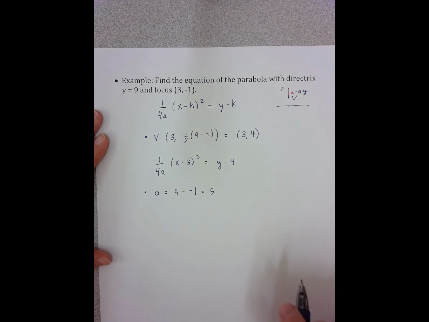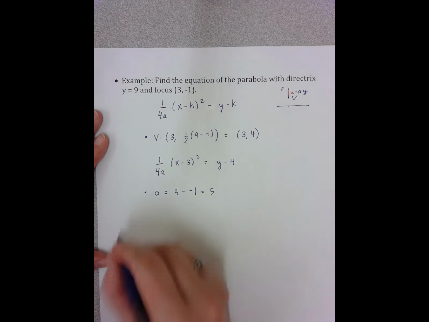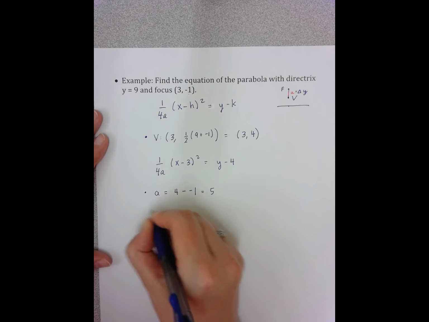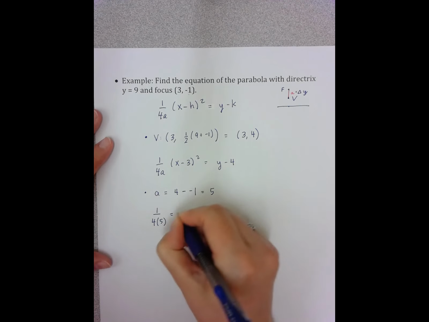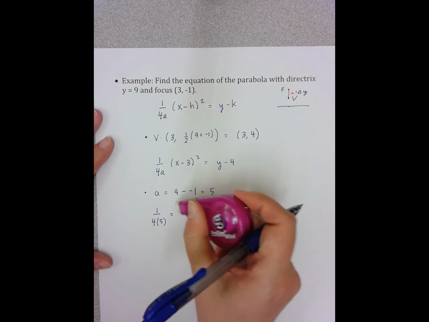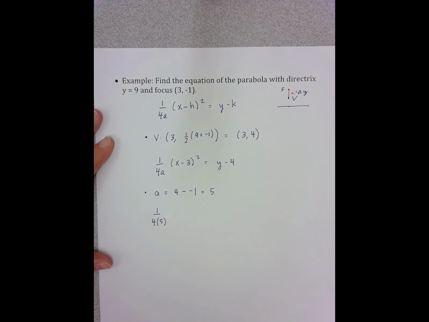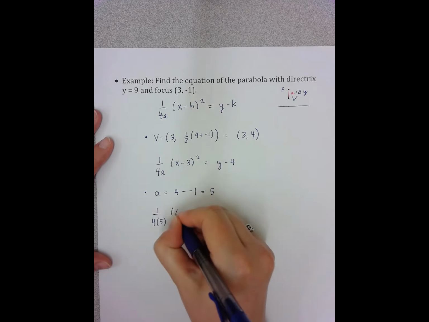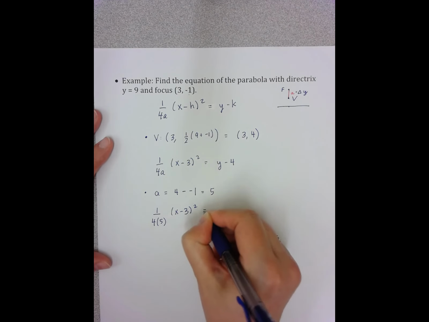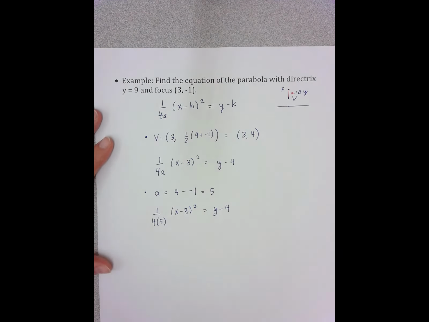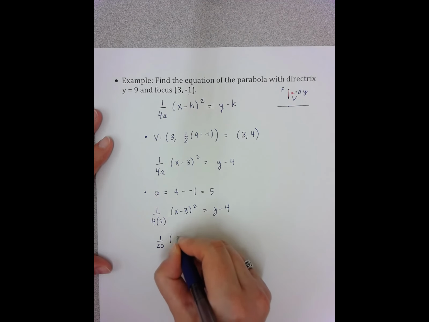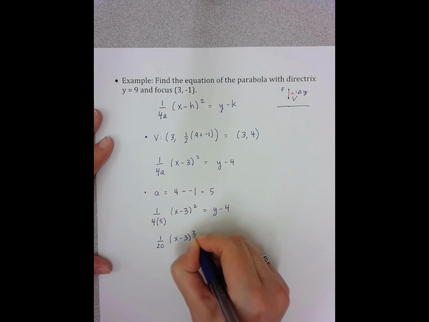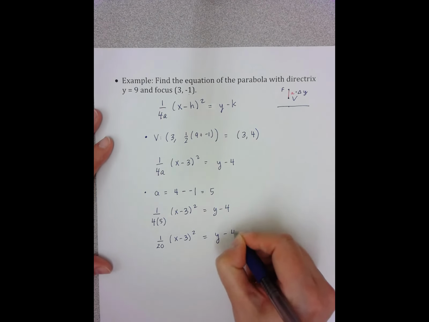So now I can plug this back in, and I get 1 over 4 times 5 times the quantity (x minus 3) squared equals y minus 4. And then I simplify. 1 over 20 times (x minus 3) squared equals y minus 4.